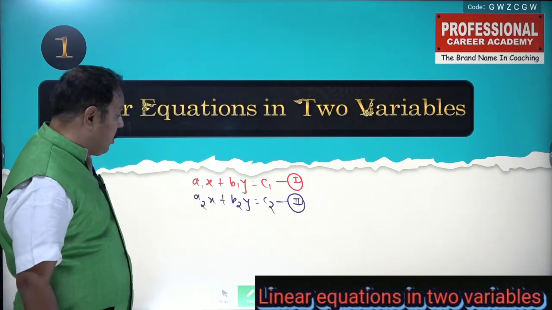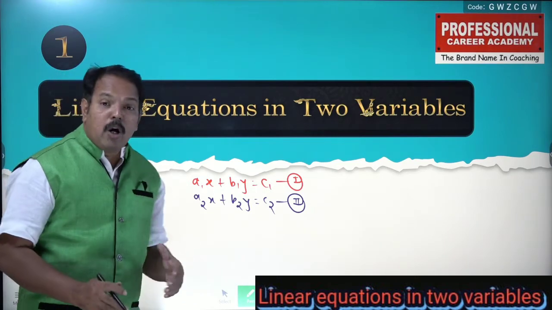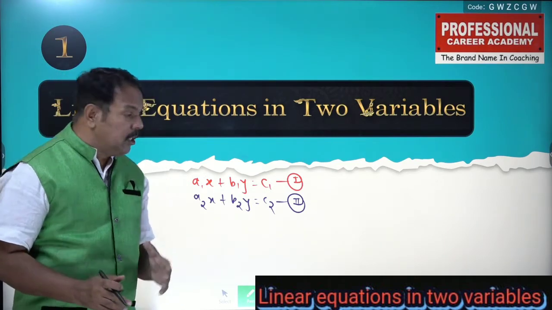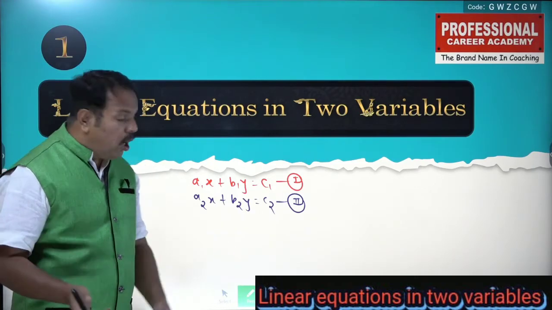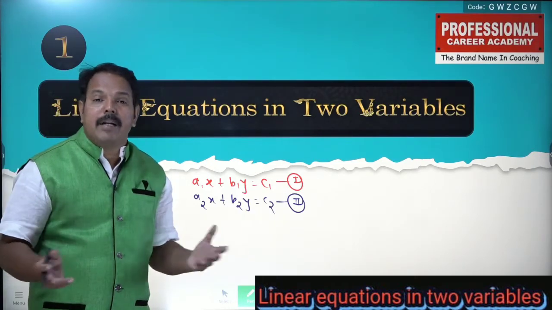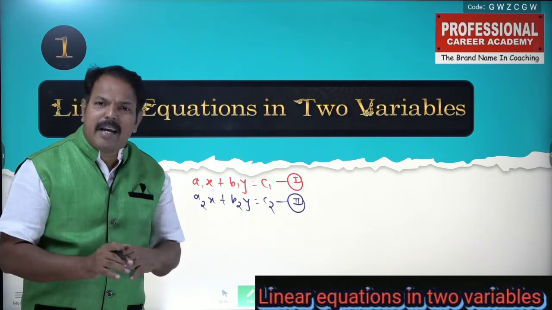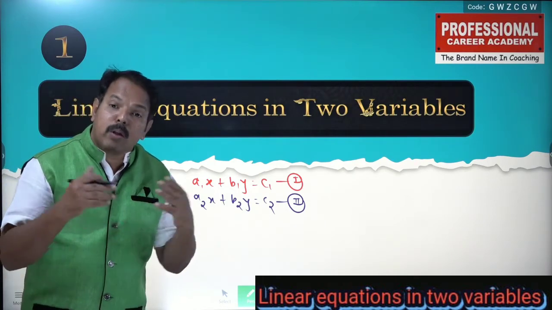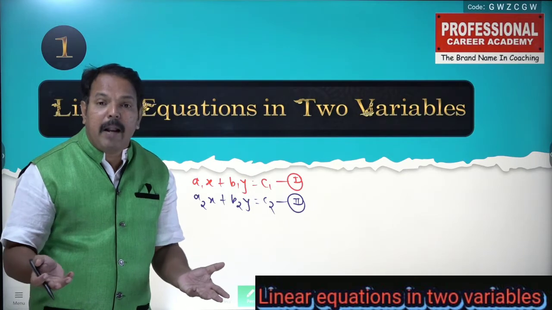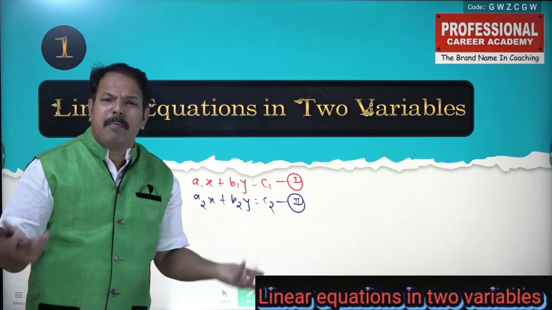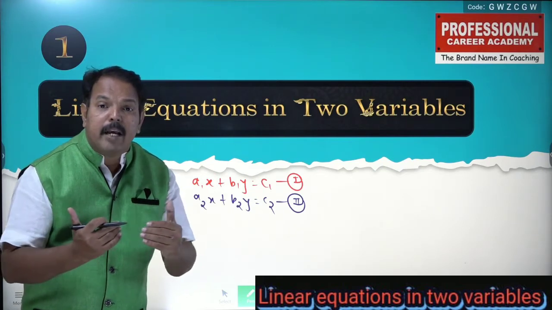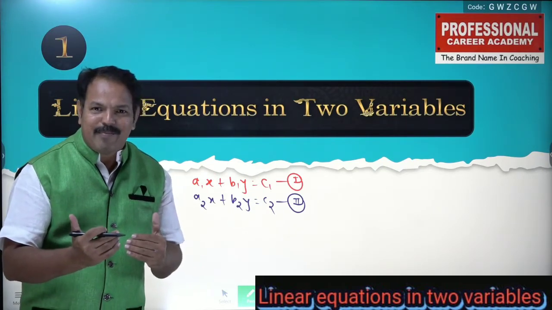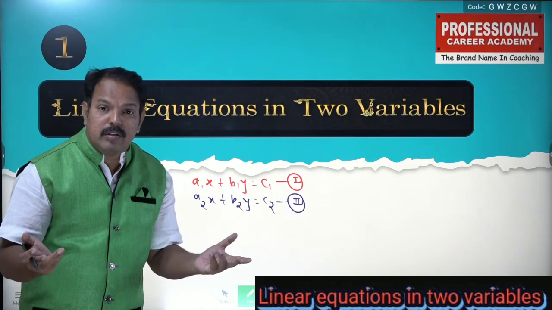In order to equate these coefficients, you can multiply equation 1 by any one number, or equation 2 by any one number. Or in some cases, you have to multiply both the equations by two different numbers so that at least one of the coefficients becomes equal.